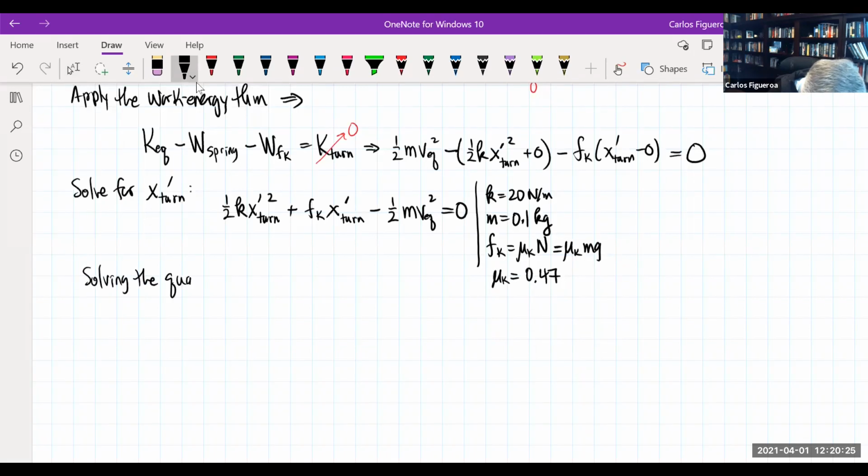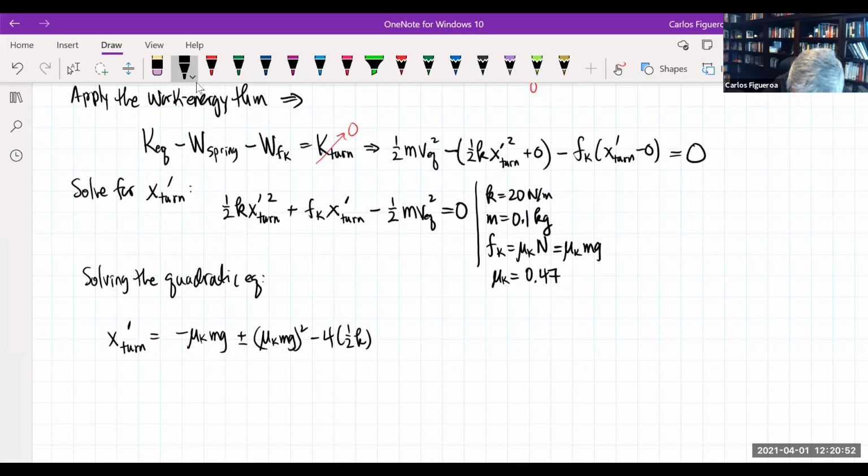You're going to see here that x turn prime should then be minus mu of k mg plus or minus the square root of b squared minus 4a times c, and then everything's divided by 2c.